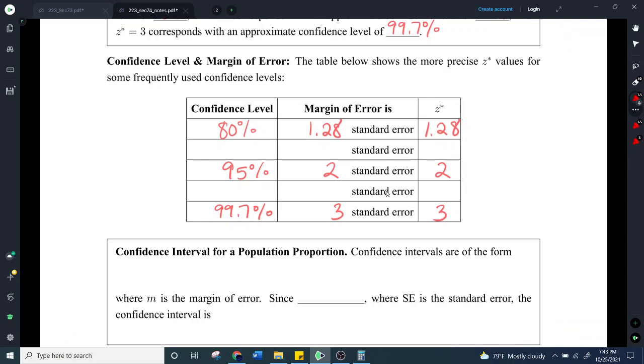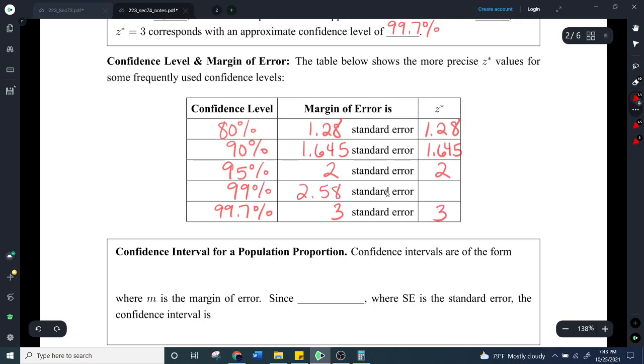A 90% confidence level would correspond to a Z star value of 1.645 or 1.645 standard errors. And then a 99% confidence interval would correspond to 2.58 standard errors or a Z star value of 2.58.